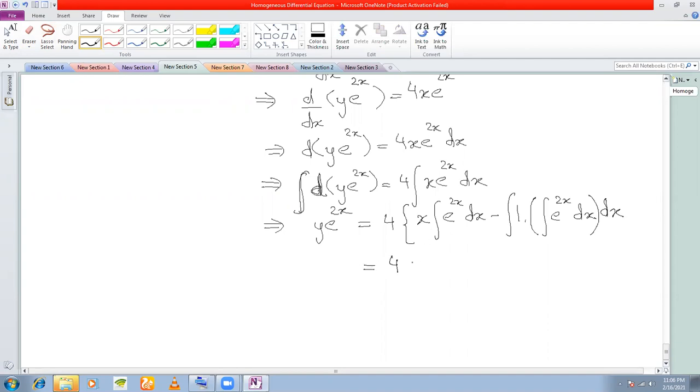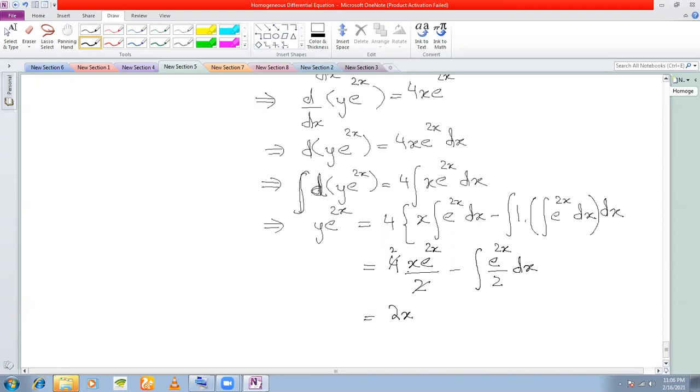Now x into the integral of e to the power of 2x is x e to the power of 2x divided by the derivative of 2x, which is 2, minus integral of what? The integral of e to the power of 2x is e to the power of 2x by 2, dx, right? Now you cancel this.